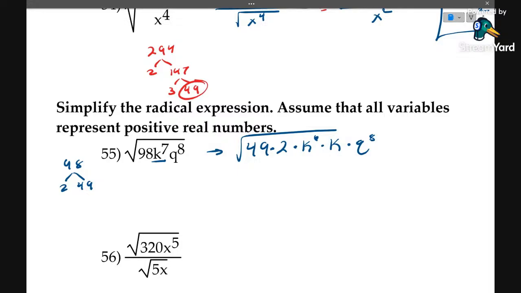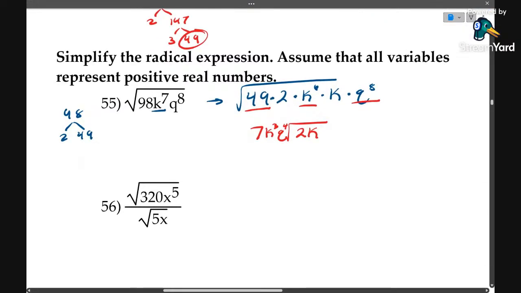So the things I can take the square root of are 49, K to the 6th, and Q to the 8th. 2 and K will stay inside the radical. So I'll have 2 and K inside the radical, and then I'll take the roots of what I can. 7, K to the 3rd, and then Q to the 4th. And then 2K stays inside the radical.